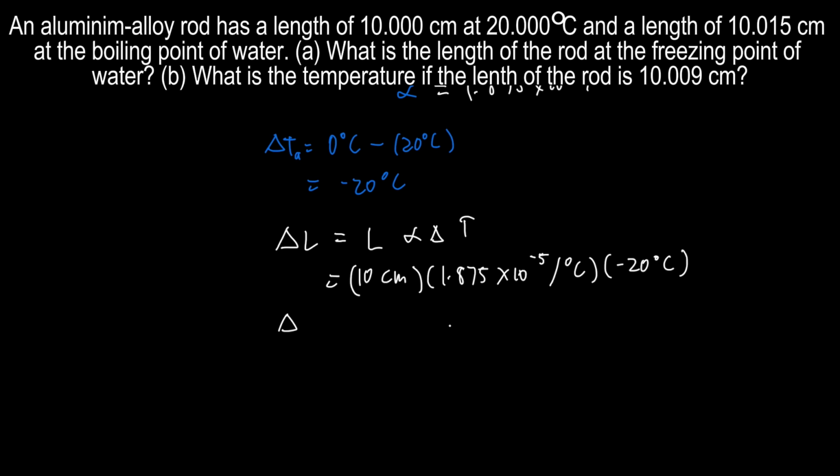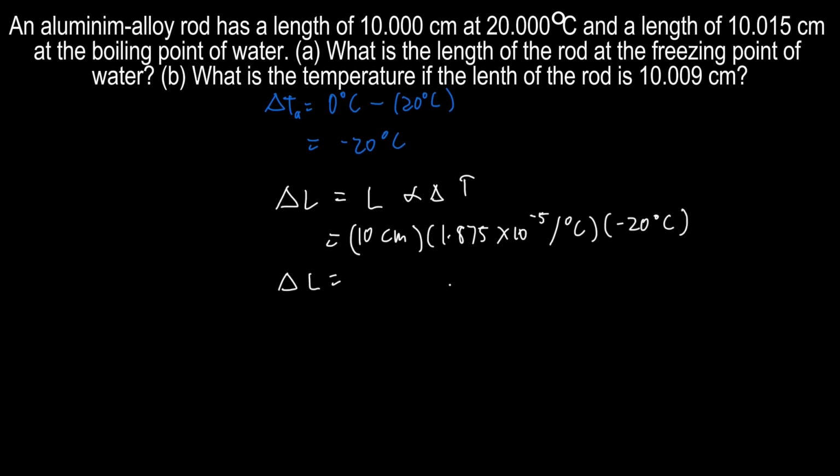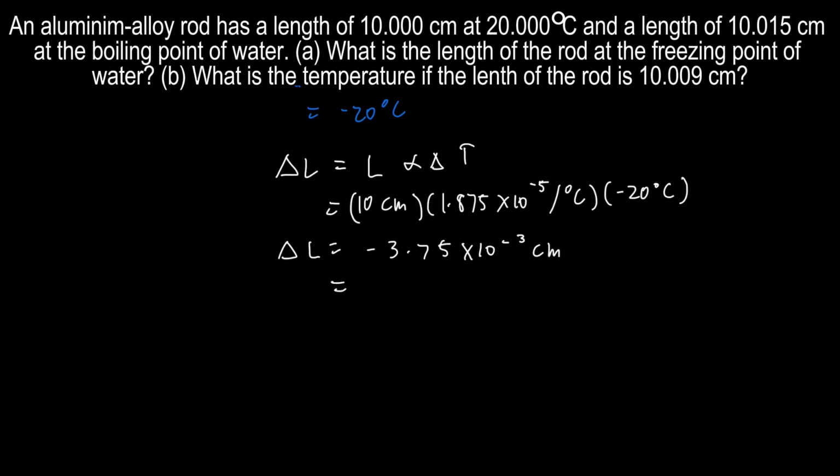Then if we use calculator here, you'll get negative 3.75 times 10 raised to negative 3 centimeters, or we can rewrite it as negative 0.00375 centimeters.